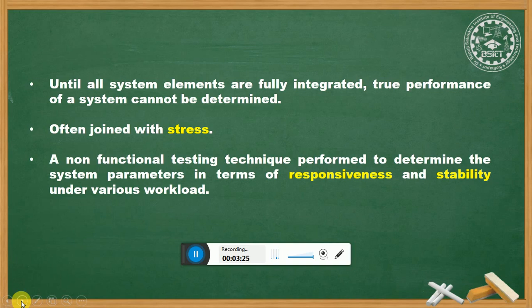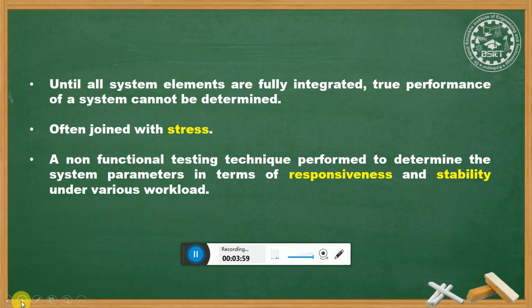Performance testing is often joined with stress testing and usually requires both hardware and software instrumentation. It is a non-functional testing technique performed to determine the system parameters in terms of responsiveness and stability under various workload.